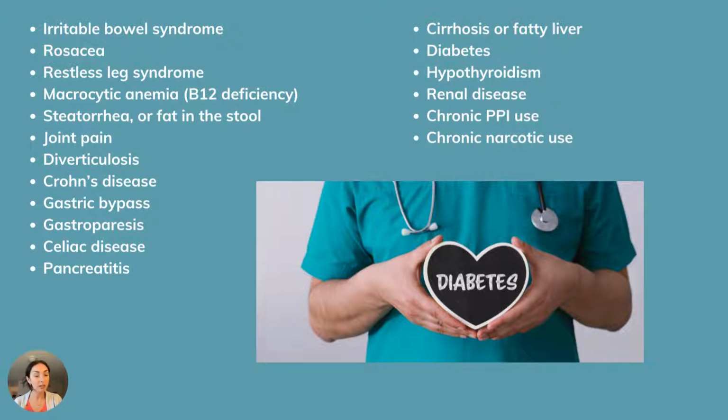Hypothyroidism, I definitely see that a lot because hypothyroidism can reduce your gut motility, and that slowing down can influence SIBO overgrowth. Chronic PPI use, because that lowers your stomach acid and your ability to digest foods, and it allows bacteria to overgrow when they get to the small intestine because they're not killed off very well. So definitely check out the stomach acid lesson because we'll talk a lot about that in there. And things like diabetes, like I said before, cirrhosis, and smoking.